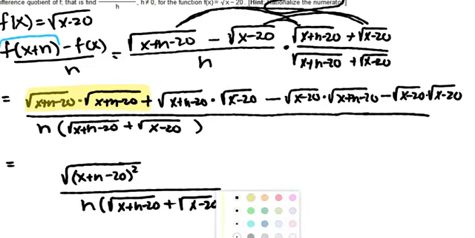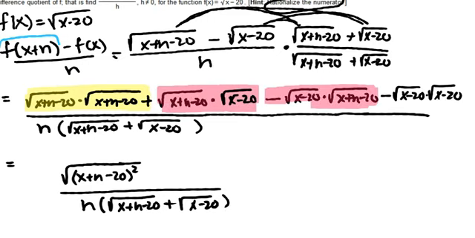Now then let's focus on these two terms. If we look at this term and this term, this first one is positive and the second one is negative, and they have the same factors. So that means that they are like terms, but they're also opposites of each other. And we know that opposites cancel each other out. So those two terms just go away.